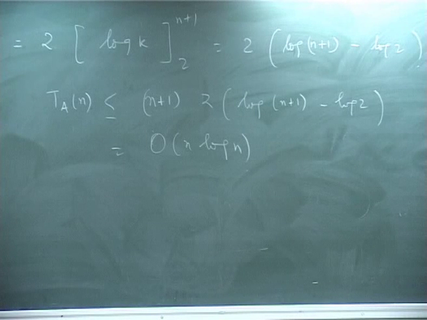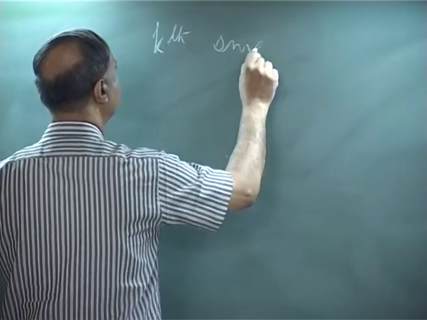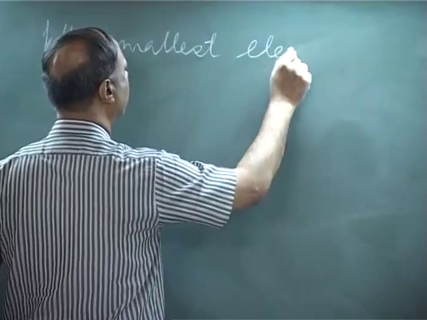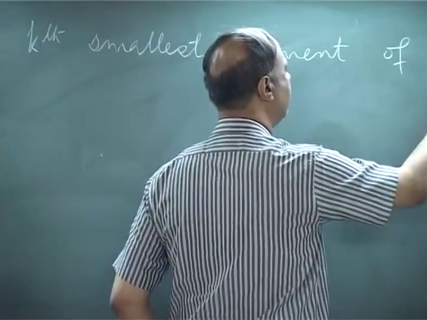Now, let us consider another example, which may be the last example today. And hopefully, you have been taught that algorithm, which is finding the kth smallest element of an array.